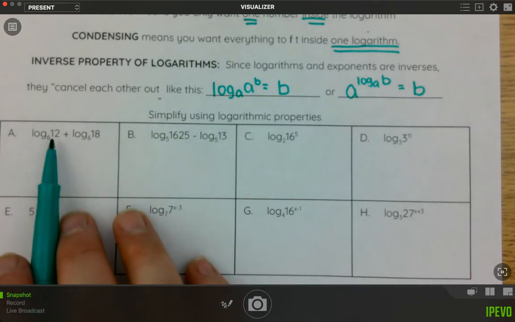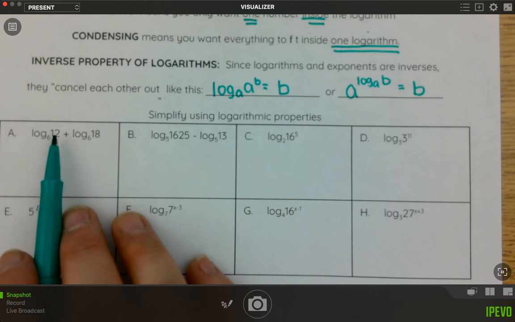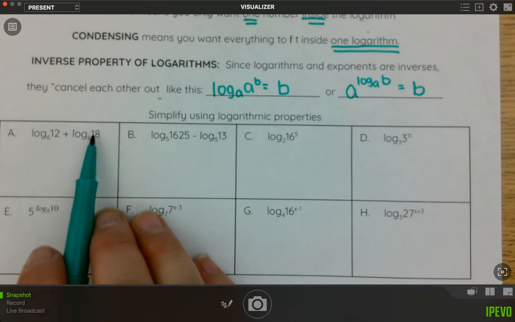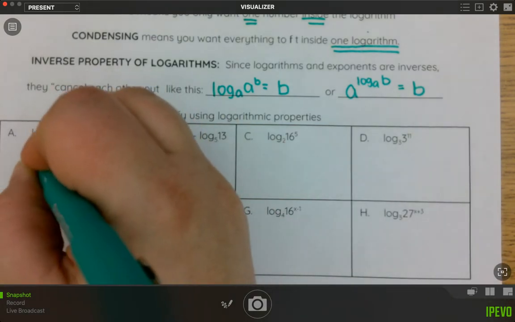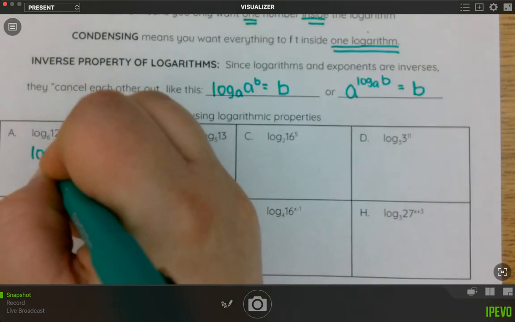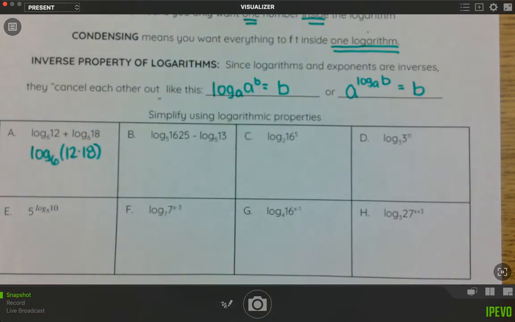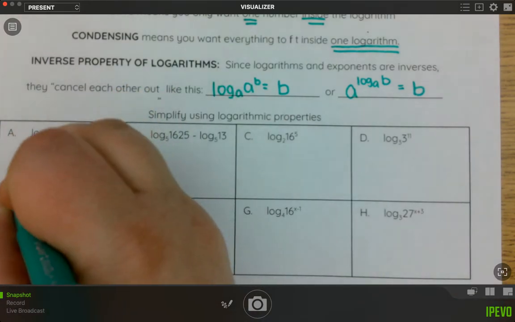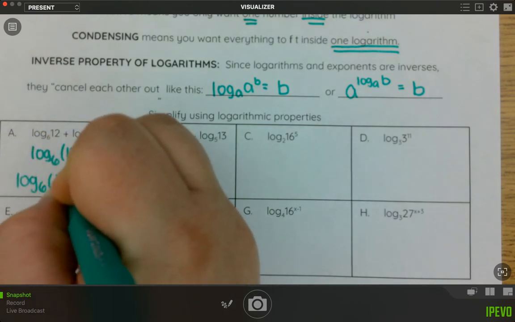So for example, on this one, I'm going to take log base 6 of 12 plus log base 6 of 18. Since these are being added, we can multiply 12 times 18. And 12 times 18, if you do it in a calculator, is 216.